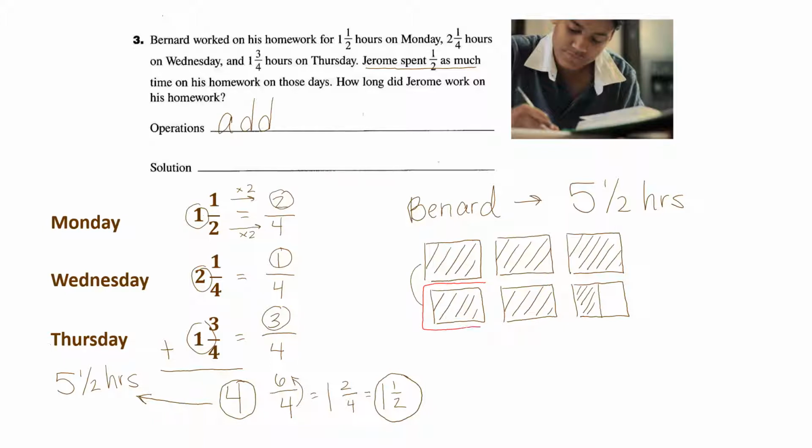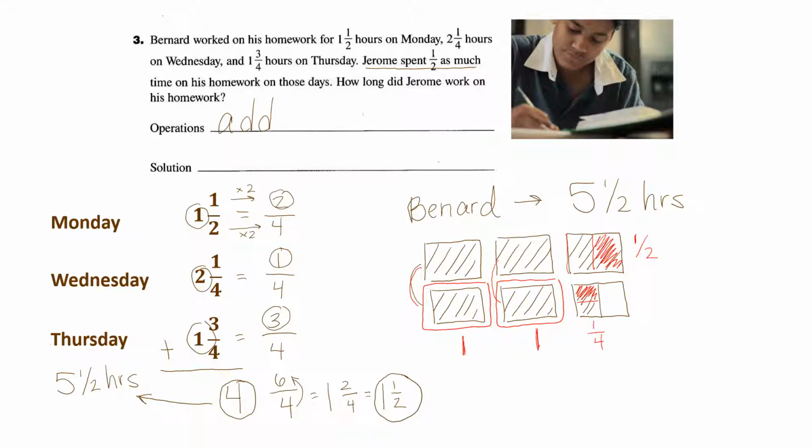Half of this 1 hour would be half. And half of a half is a fourth. So we have 1 hour, 1 hour, a half an hour, and a fourth of an hour.